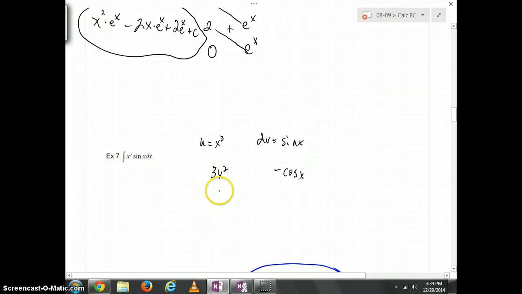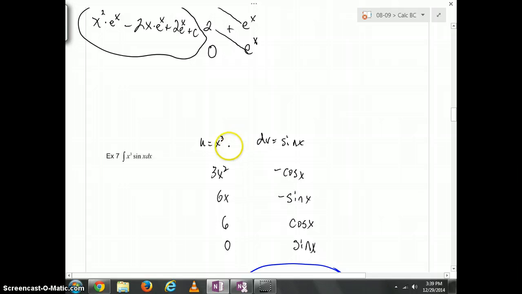Derivative of 3x squared would be 6x. Antiderivative of negative cosine would be negative sine of x. Derivative of 6x would be a 6. Antiderivative of negative sine of x would be the positive cosine of x. The derivative of 6 is 0. Antiderivative of cosine is sine.